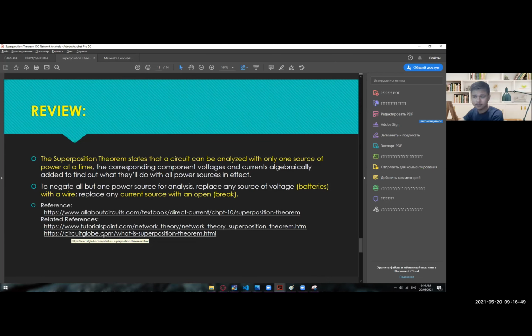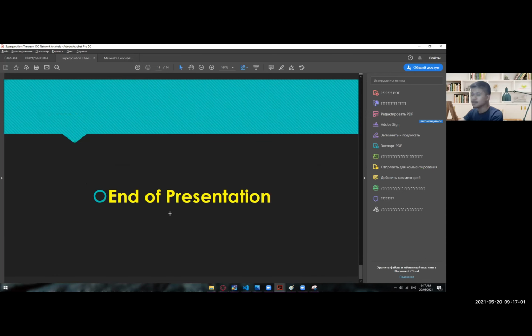They have another approach, another way of explanation, which might enlighten you to understand more about the superposition theorem. So that's it for the superposition theorem.